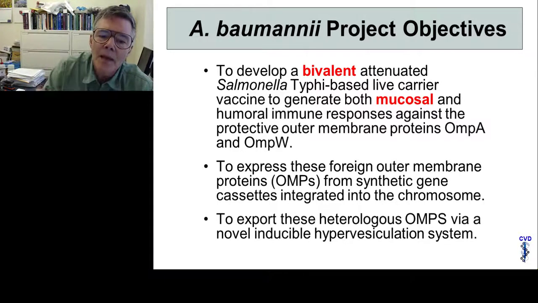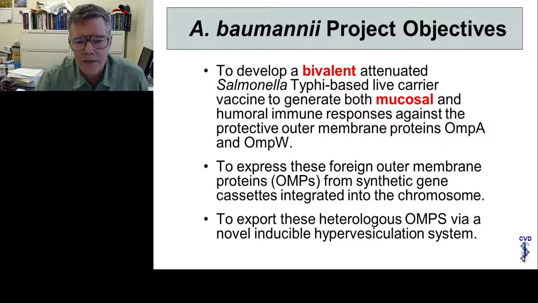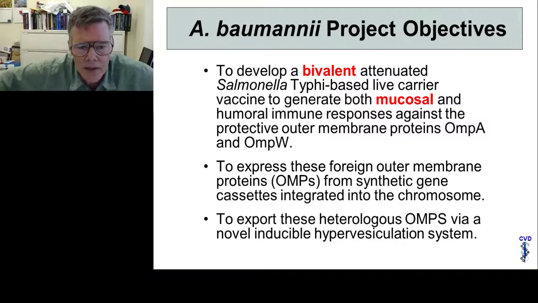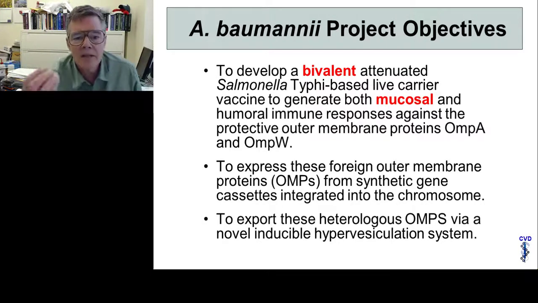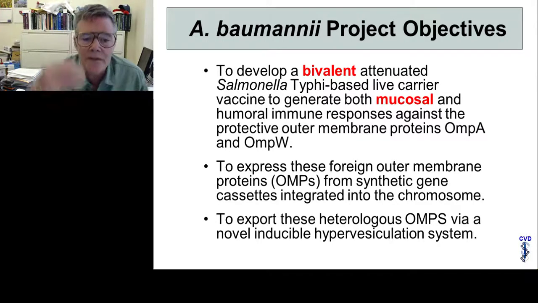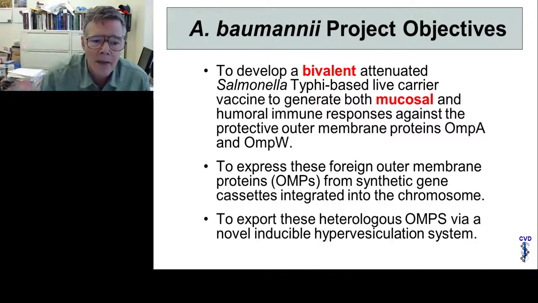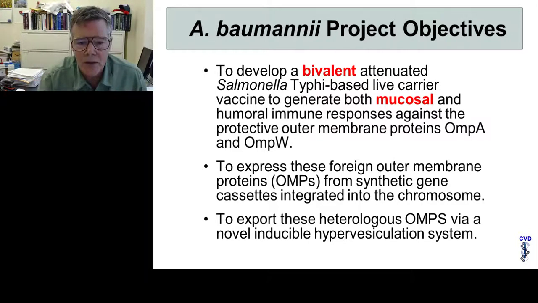OMP-A, outer membrane protein A, and OMP-W, outer membrane protein W, have been proven in mouse challenge experiments to be protective against a challenge with baumannii. Obviously we want to express these outer membrane proteins on the surface of the bacteria, and in this particular case, we want to target extracellular export of these outer membrane proteins.